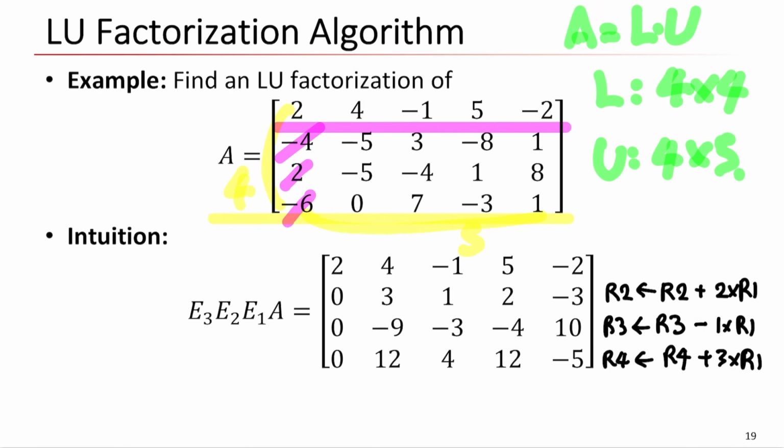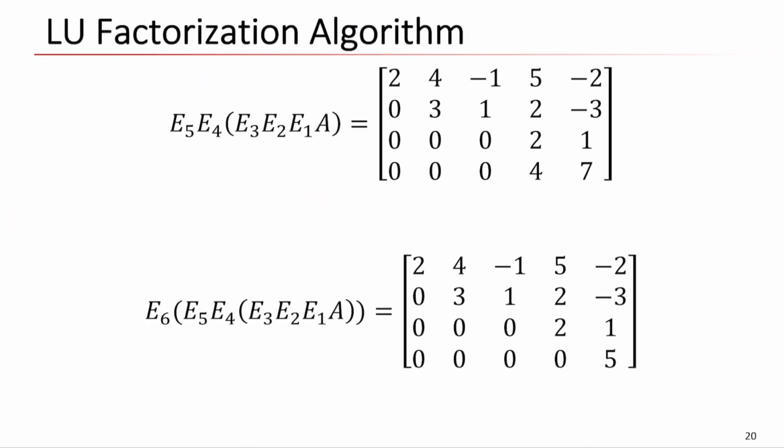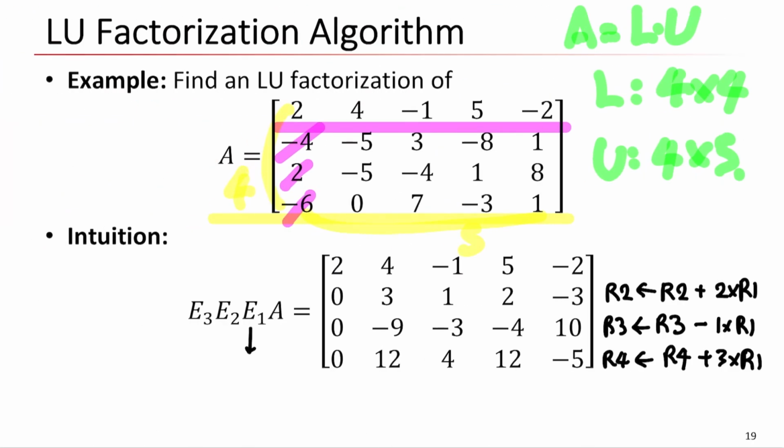Then what are the matrices E1, E2, and E3 in this case? Okay, let's write here. What is E1? E1 has 1s on the diagonal, and if E1 performs this operation, then it will have 2 here, right?